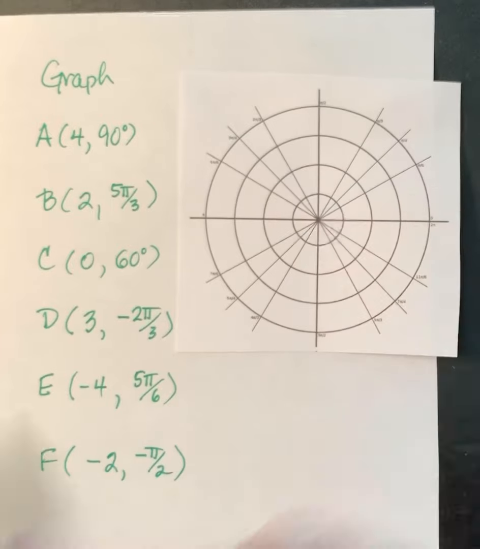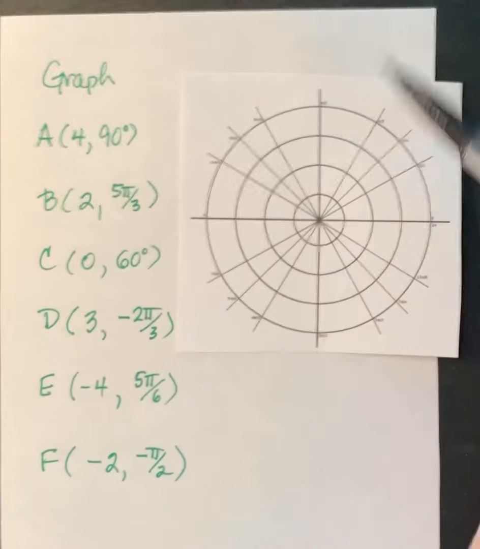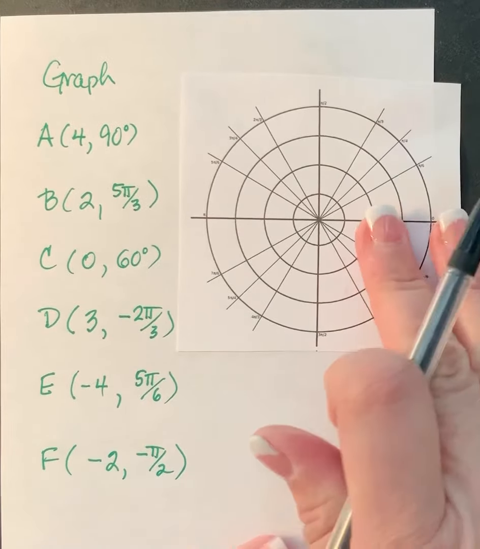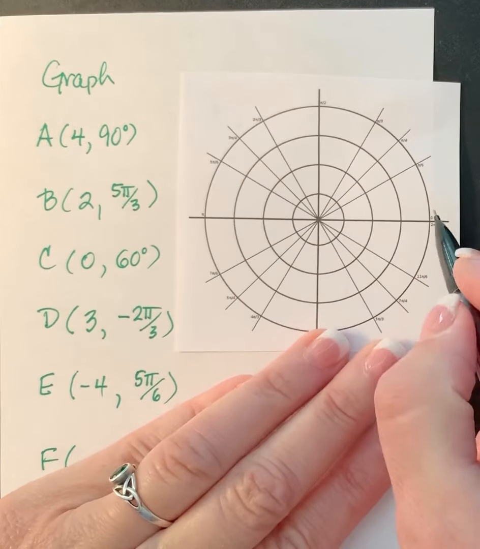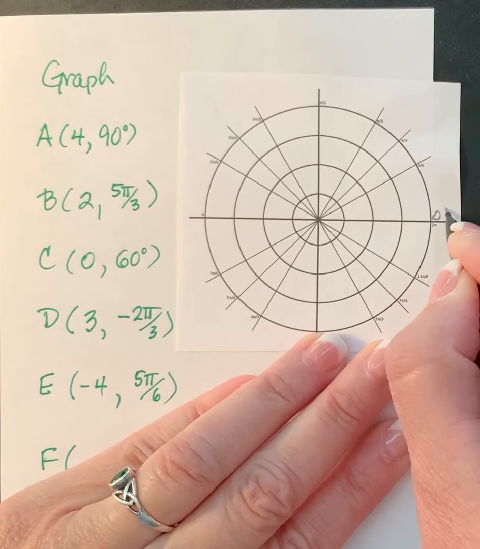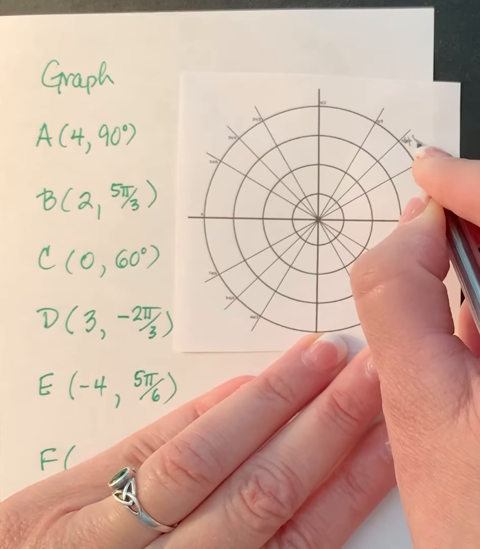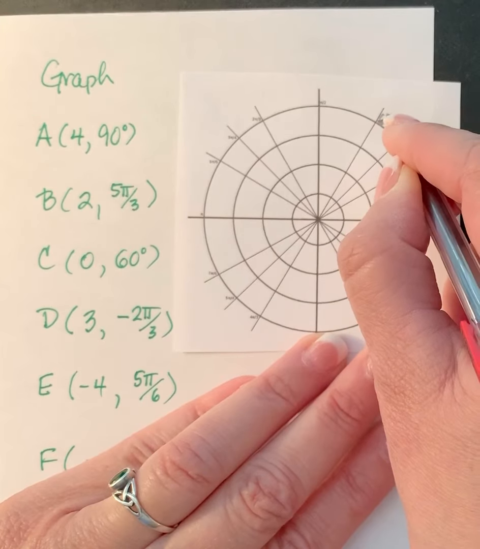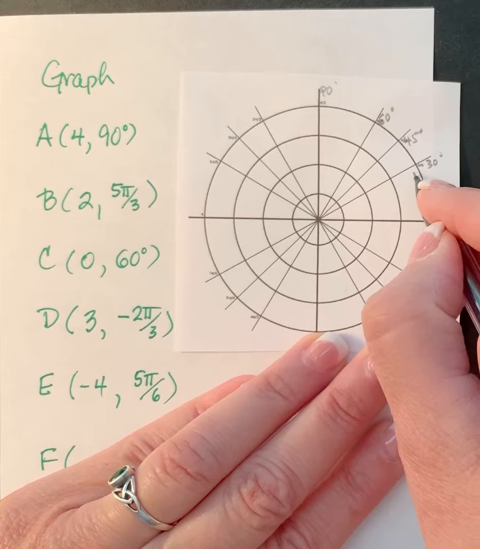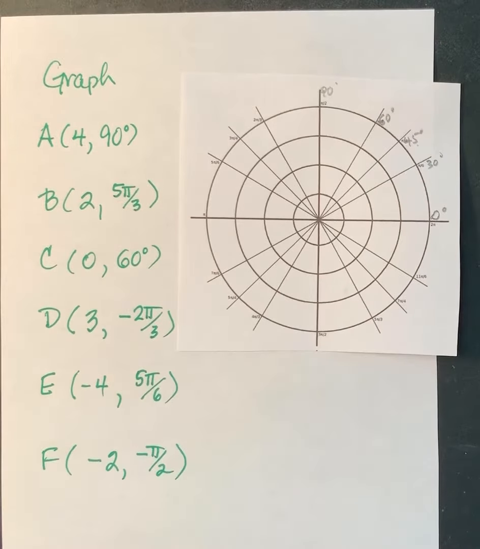So that helps you measure out your r value. This one doesn't have a lot of circles, so if you had to, you could count by 2 or what have you. And the angles are marked off very small. This here, if you go in degrees, that would be 0 degrees. And then they've got 30 degrees, 45 degrees, 60 degrees, 90 degrees. Of course, you can also do it in radians, and then you're looking at pi over 6, pi over 4, pi over 3, and pi over 2.